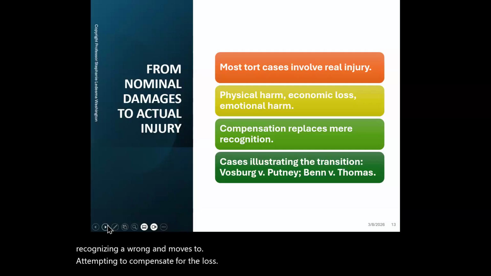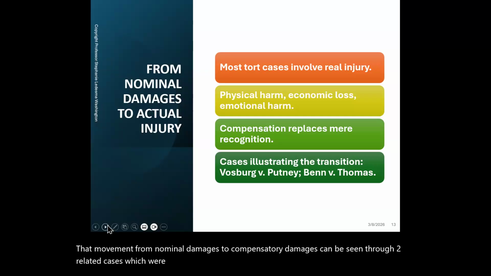That movement from nominal damages to compensatory damages can be seen through two related cases, which we're going to apply these rules to now. That is the Bosberg v. Putney case and the Ben v. Thomas case.